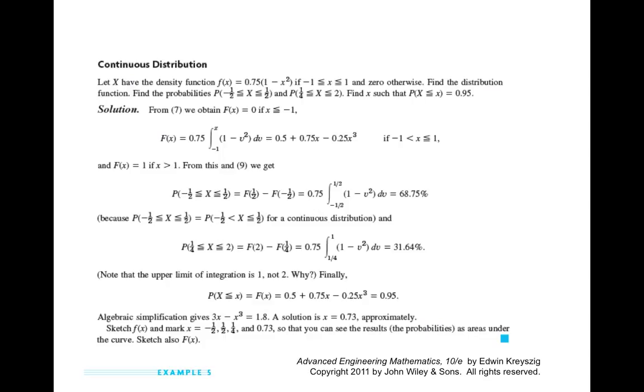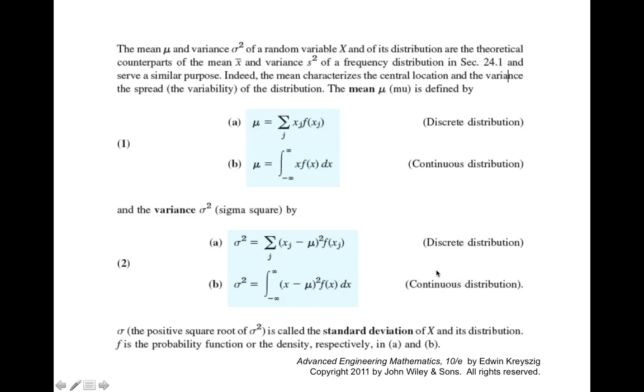Then you basically would take your distribution function F of x and set that equal to 0.95, and then you solve for x. So what you get out of there is x is 0.73, and you can then determine at what value of x you would have included 95% of your population.